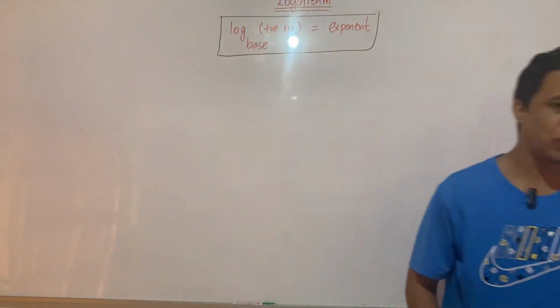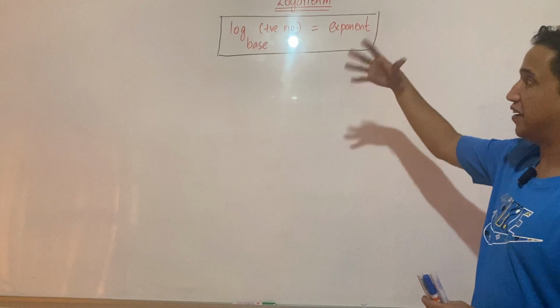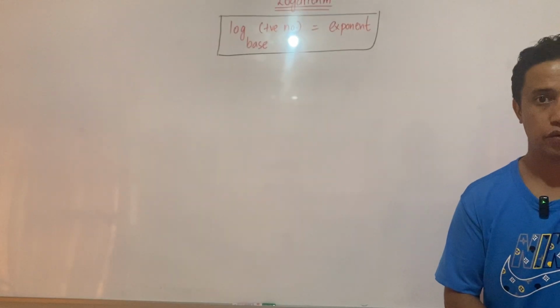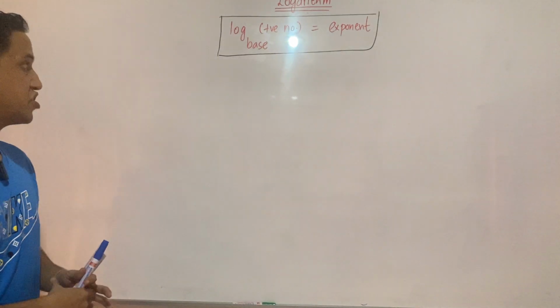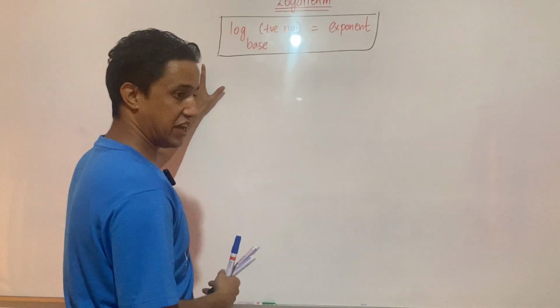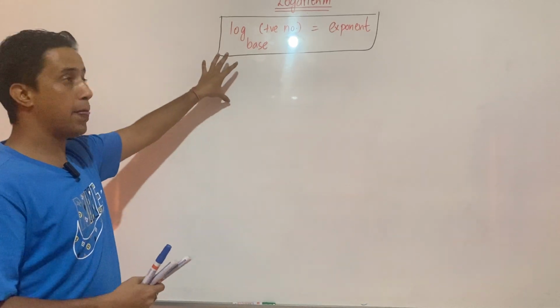In today's video, we are just going to talk about the terms and conditions that are put on the logarithmic functions. Okay, so the general logarithmic function is defined as log of b to the base a.